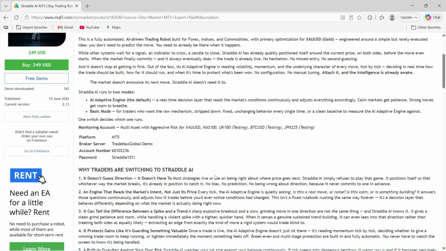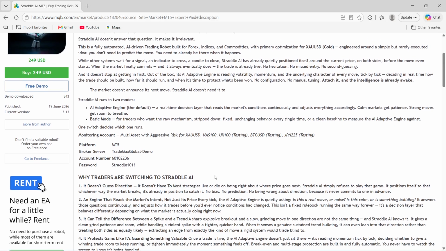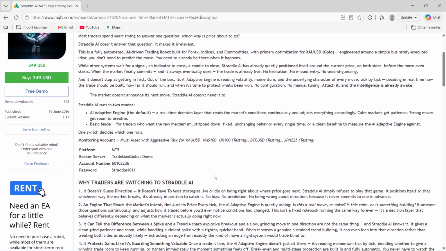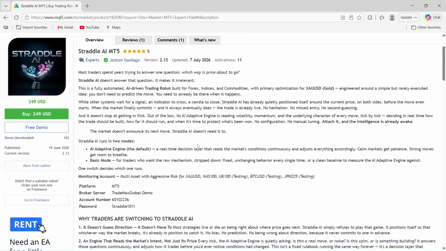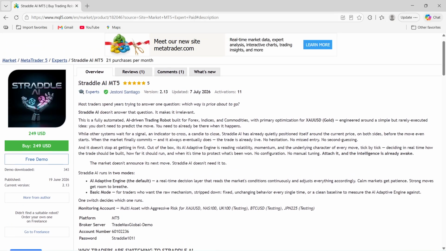Brokers may have poor execution or restrictions. Drawdowns can be instantaneous. Prop firms usually prohibit or heavily restrict these types of EAs, especially this type of AI EA, especially the Straddle EA, considering the logic and the trading strategy it uses.